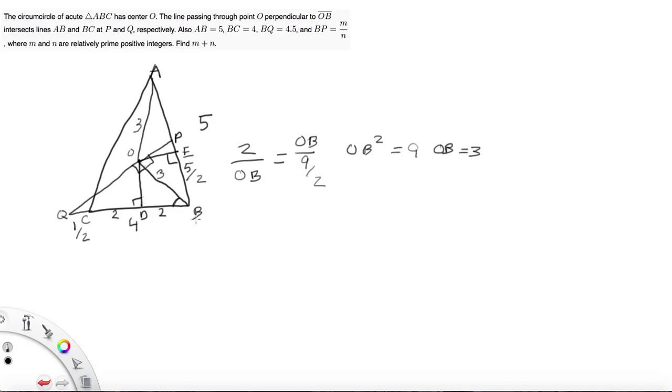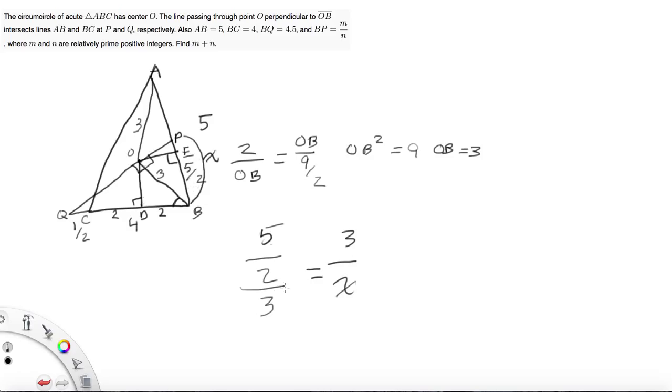Remember, we're trying to find the length of BP. So let's set up another ratio. 5/2, which is the length of BE, over 3, which is BO, is equal to 3, which is BO again, over X, which we're going to call BP.